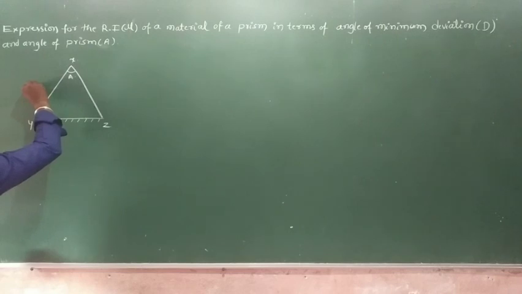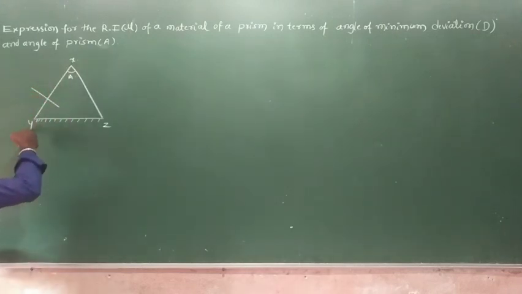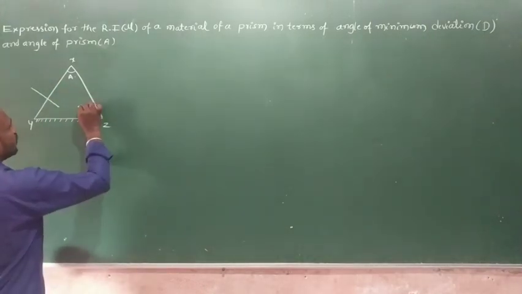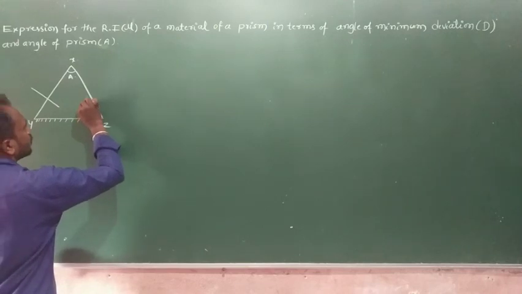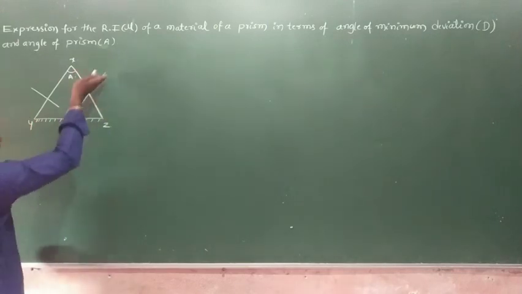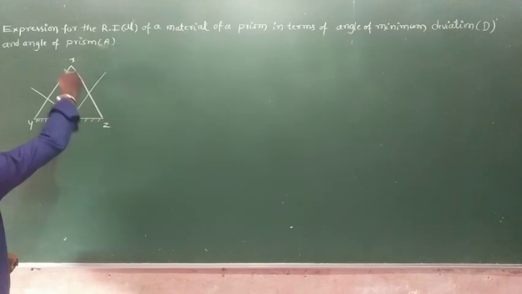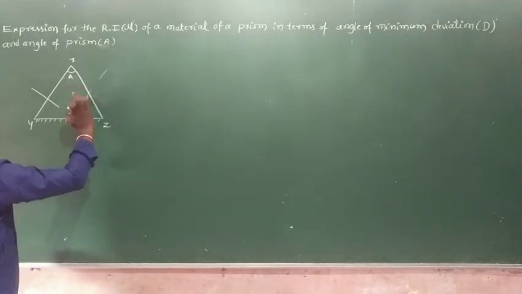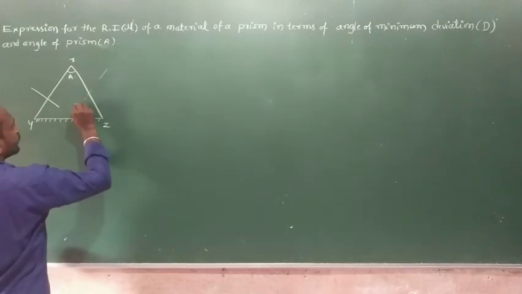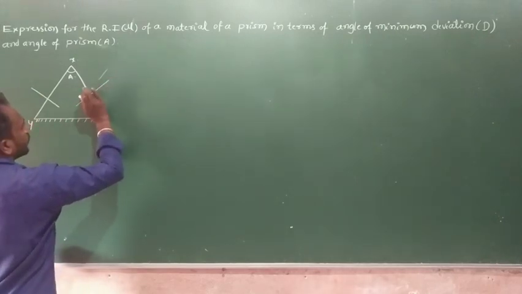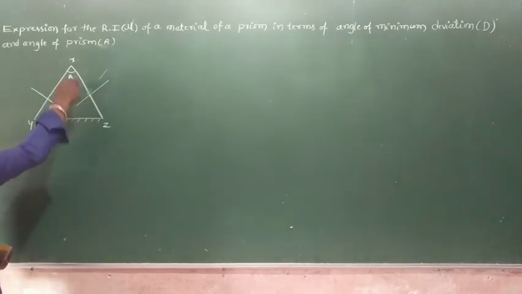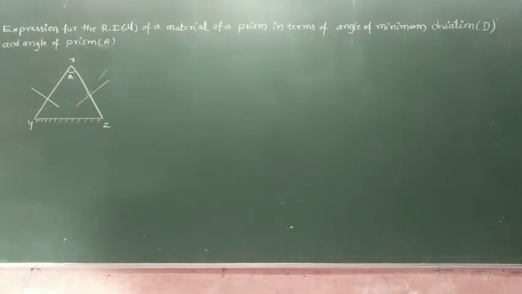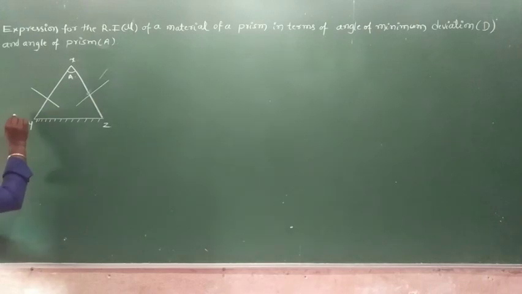Here the perpendicular line drawn to the first surface we consider a normal. Another perpendicular line is drawn to the second surface, and this we consider the normal for these two surfaces.